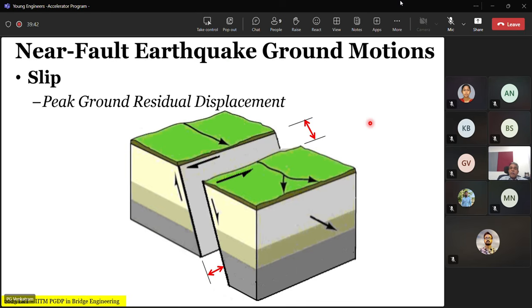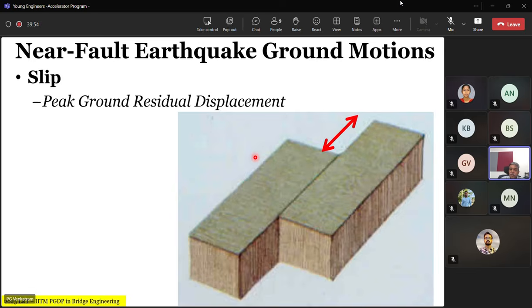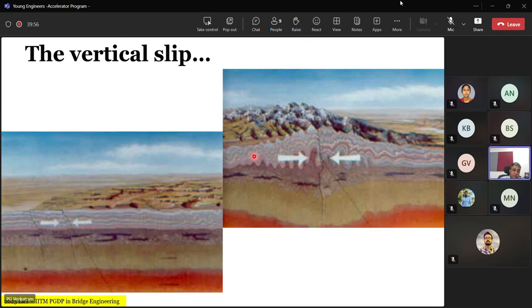Okay. Then there is also a possibility that simultaneously there will be vertical slip. So in the case of near fault earthquake ground motion, there is also a slip in the vertical direction. That is what was illustrated here, that there is an inclined fault line, not a vertical fault line.